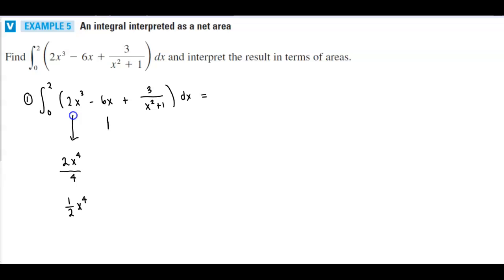What is the antiderivative of minus 6x? This is going to be minus 6x squared over 2, which simplifies to negative 3x squared.